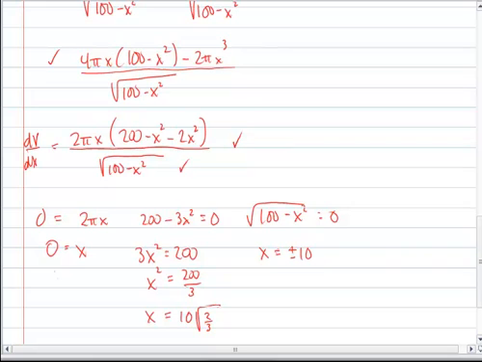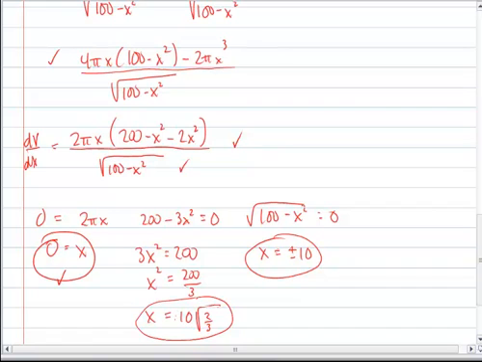This point here and this point here are just the case where we're at the extreme values for the domain, and if we plug in 0 for x or 10 for x, we end up having a 0 volume. And this value, with the plus or minus, gives us the critical point that yields the maximum value for volume.